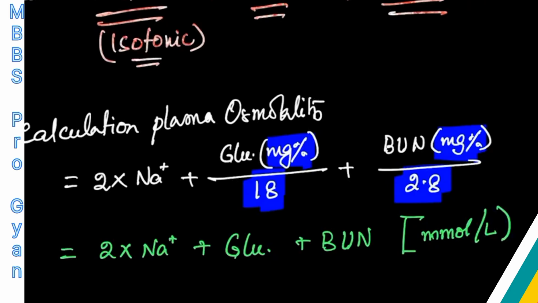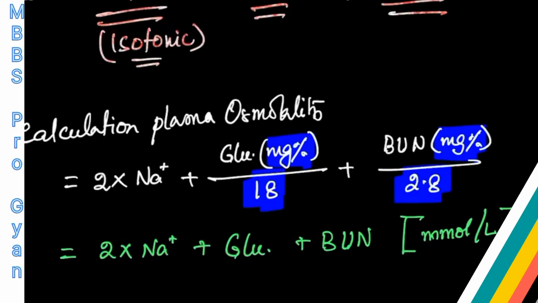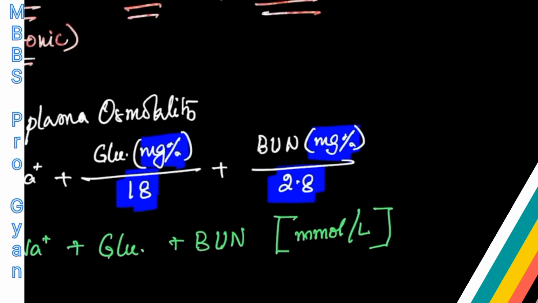So I am writing here that all the units are millimole per liter. Please note this, because in Harrison you will see that all the values are given in millimole per liter. So in the question, if the values of glucose and blood urea nitrogen are given in millimole per liter, you just use this formula: 2 multiplied by sodium plus glucose plus blood urea nitrogen. You don't have to divide by 18 and 2.8 in the above equation.